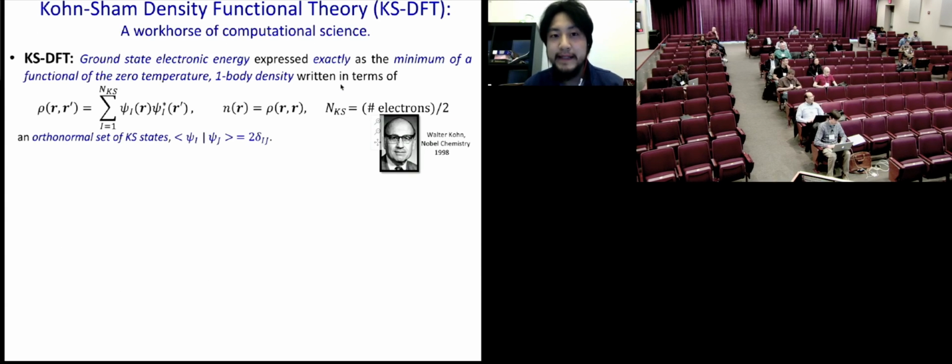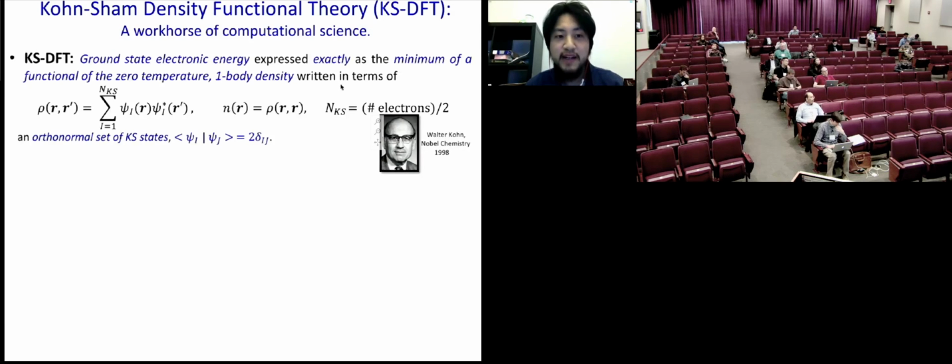So here is a little background on Kohn-Sham DFT. If you want to calculate the electronic structure of a system of many atoms and all the electrons spinning around it, it's an overwhelmingly complex system. To solve that, Dr. Kohn proved the existence of a way to turn this many-body problem into a one-body problem.